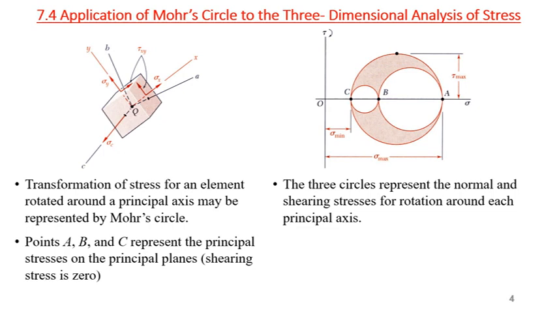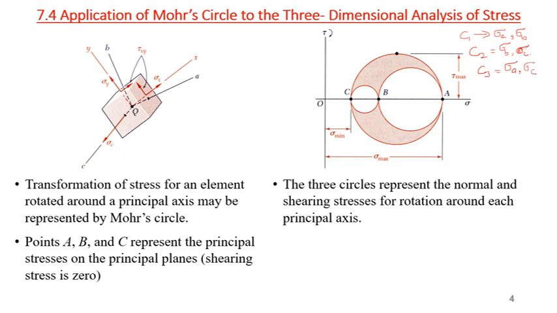The first circle, C1, will be between sigma A and sigma B. These are my principal stresses. Circle 2 will be between sigma B and sigma C, and the third circle is between sigma A and sigma C.